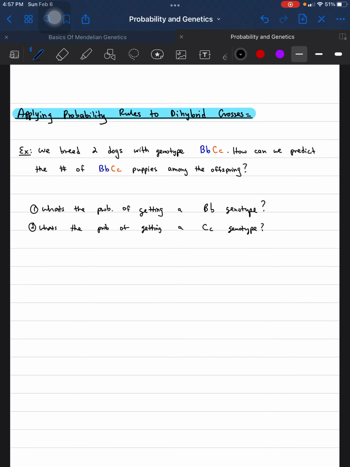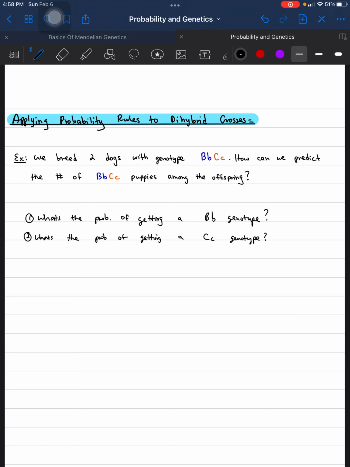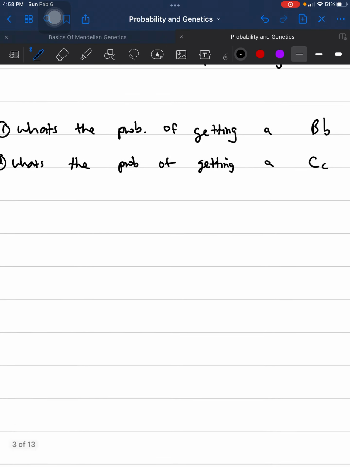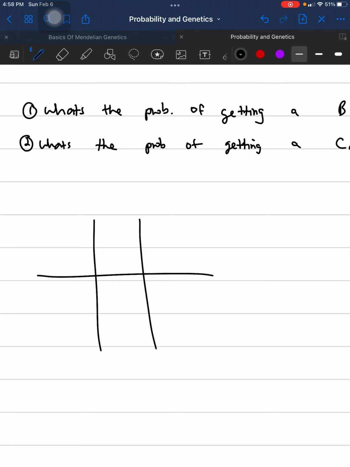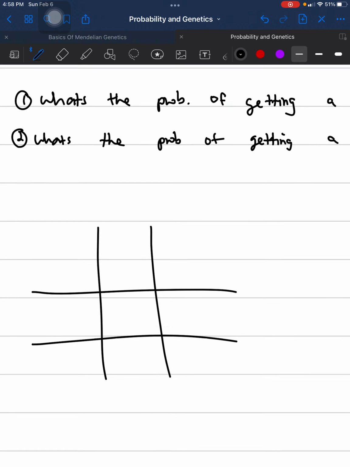So we're going to be splitting this question into 2 different monohybrid crosses, right? Because a dihybrid cross is comprised of 2 different traits, we can split it into 2 different monohybrid crosses. So what we want to do is first look at the probability of heterozygous for the B allele. So let's cross Bb with Bb.